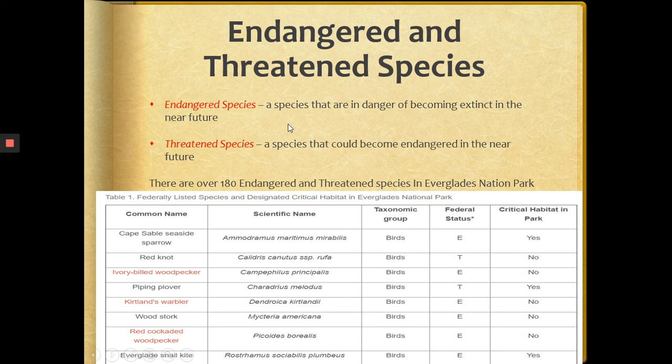And it's not all doom and gloom. 20 years ago, the American alligator was an endangered species in Florida. It has now been removed from the endangered species list. It's not even classified as threatened anymore. It basically has an established population now and is in good shape because of management, where there are enough of them now that the FWC, the Florida Fish and Wildlife Commission, actually issues hunting permits for alligators.